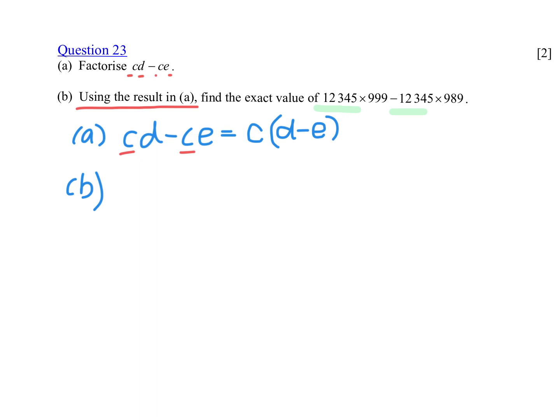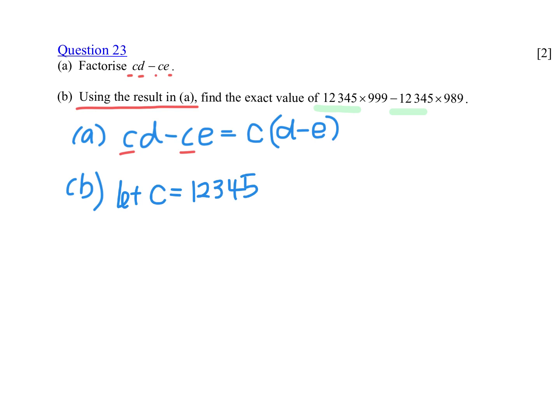So if that's the case, I can let C be the number 12345. If that's the case, then what can we compare? What will we know about D?